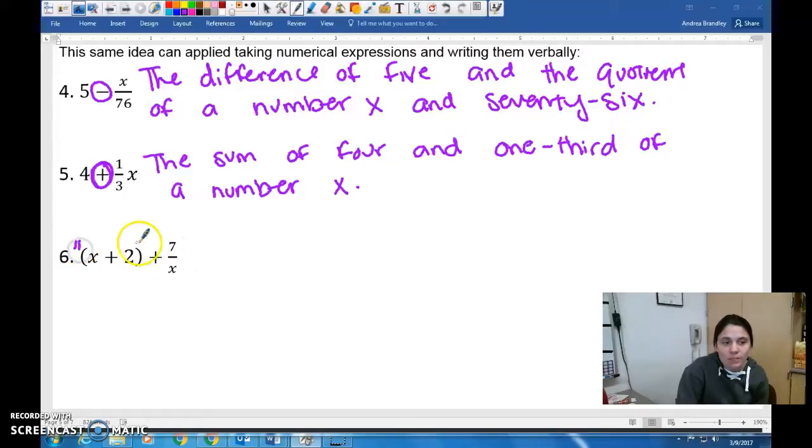So if I put this part in quotes and this part in quotes, then it's clear that I'm talking about the sum, because this is addition, of this part and this part. So if I start with my first part, I've got my quotes, and that is the sum of a number x and 2.